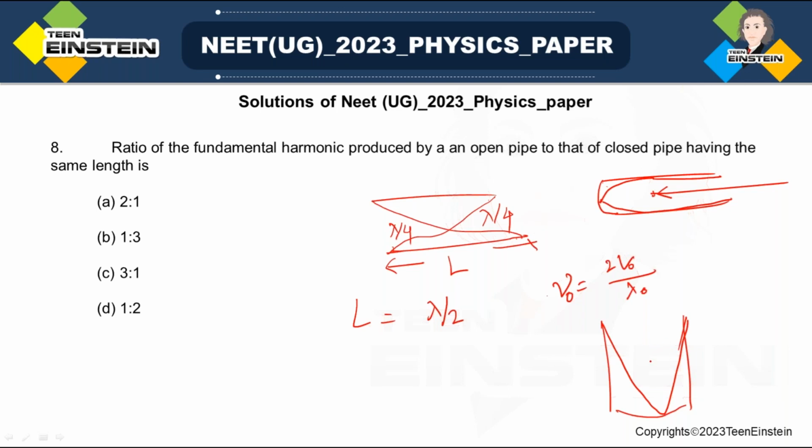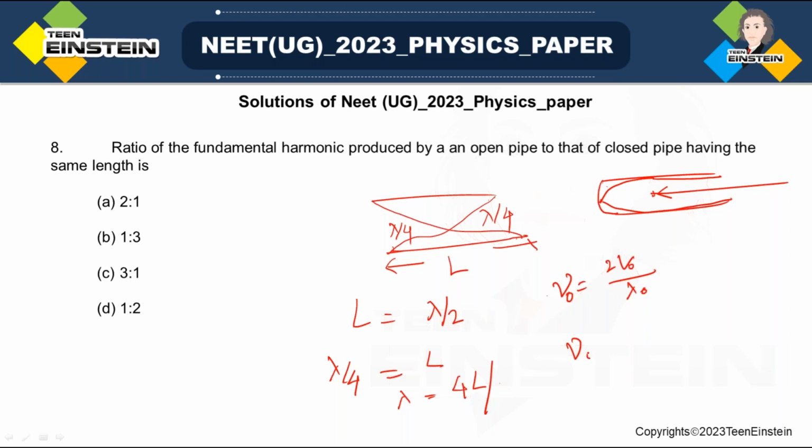Okay, so look, in this case this is actually lambda by 4, this length of the wave. So lambda by 4 is equal to L here. That means lambda is equal to 4L, that is the wavelength.